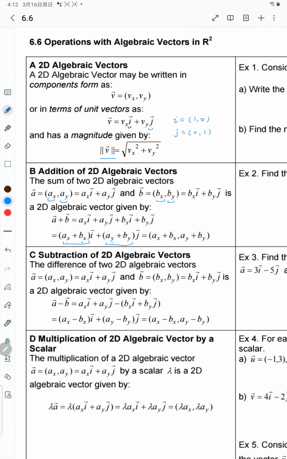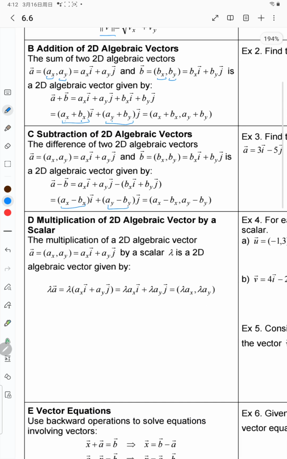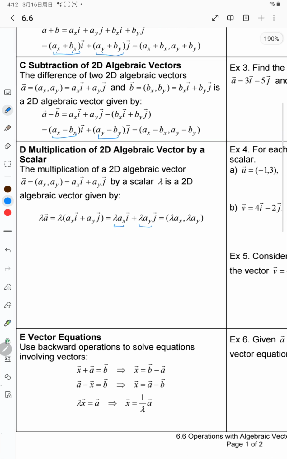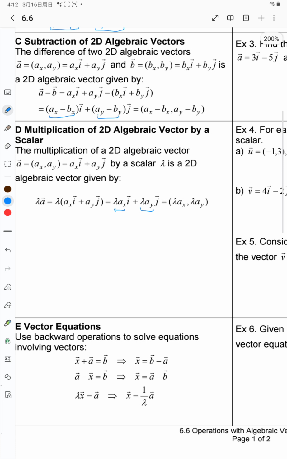And then it's the same with subtraction, right? We do it coordinate-wise. I think this is fine. Also multiplying by a scalar is also fine. Just scalar multiply with respect to each coordinate parameter, right? And also vector equations.